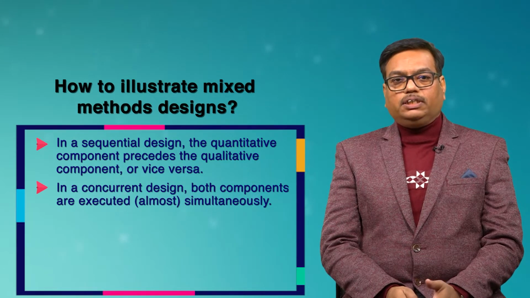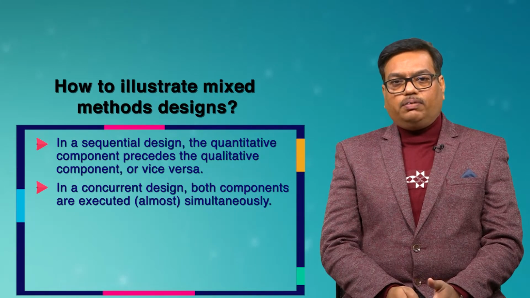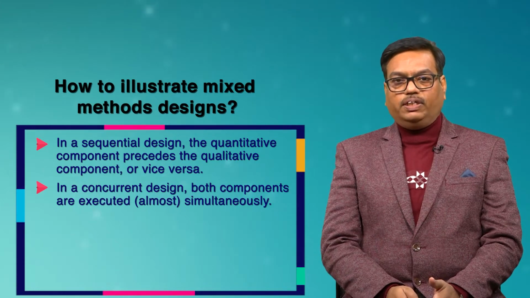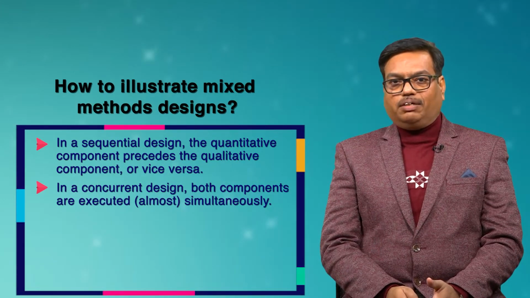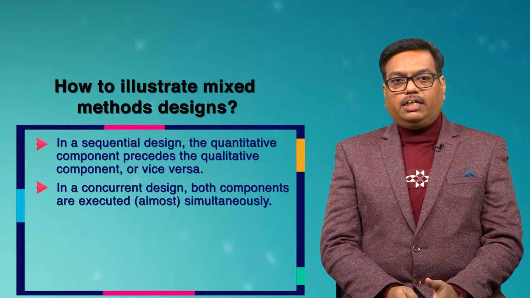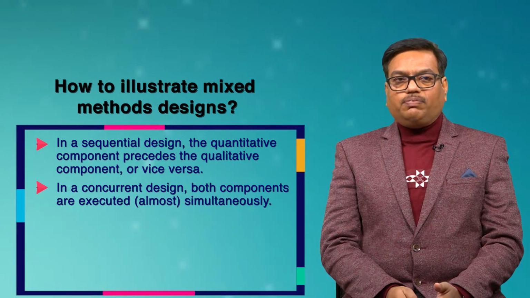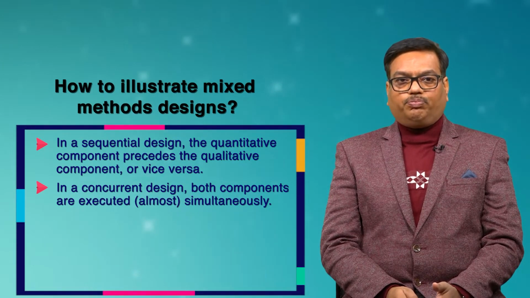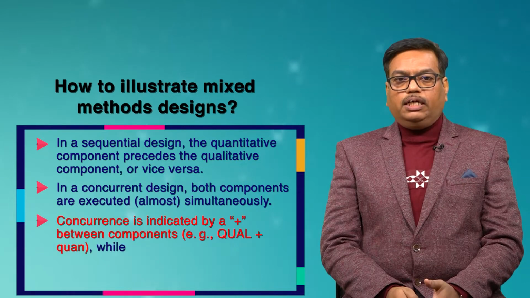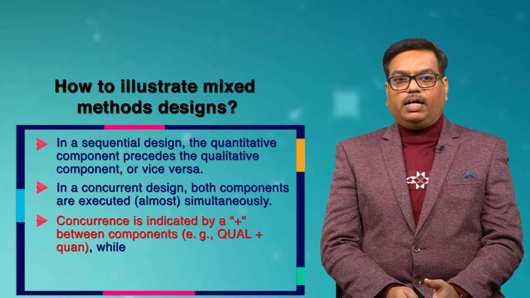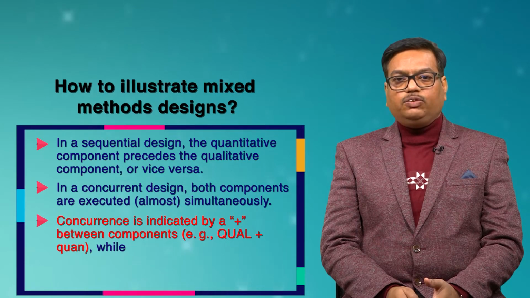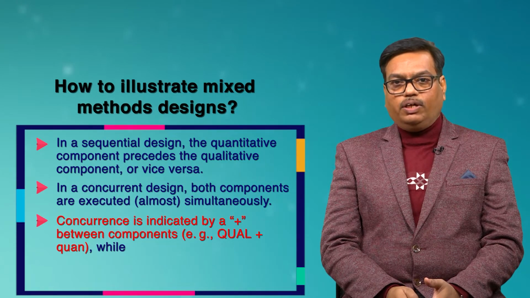So, in sequential design, we collect one set of data first and followed by another set of data second, and in concurrent design, we collect both types of data at the same time. Concurrence is indicated by a plus between two components, and these two components are qualitative and quantitative.